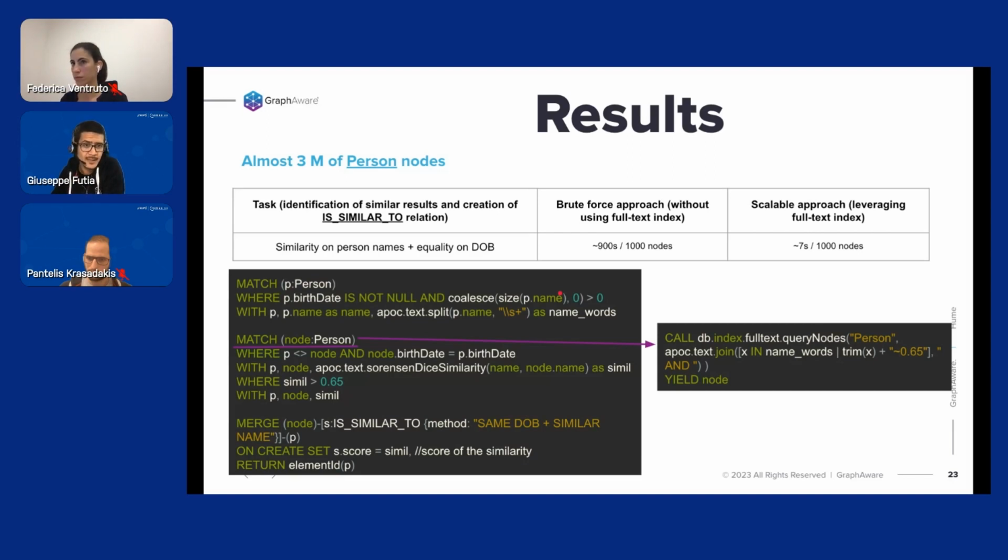In the code here, you can see the differences, so how the match is replaced by calling a specific procedure for the full text search. We believe that these results are really interesting and promising.